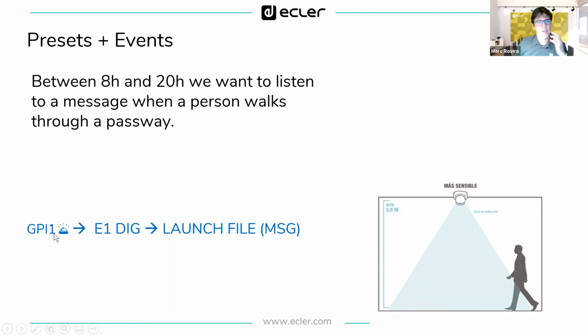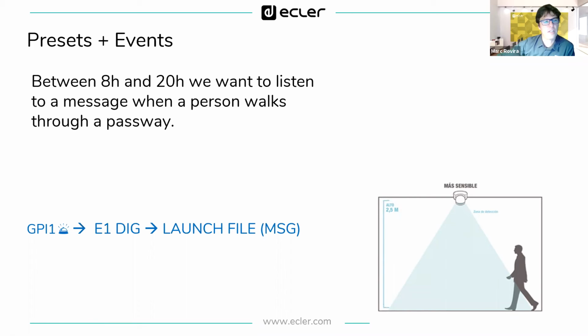Okay, so you get GPI 1, you get this sensor, and you create an event. The event will be a digital event, of course, and maybe we want to launch a file. Let's think that when you go through this sensor, a message is placed. We want a message, and this message comes from a PC which has an EclerNet manager, and the PC has an audio output.